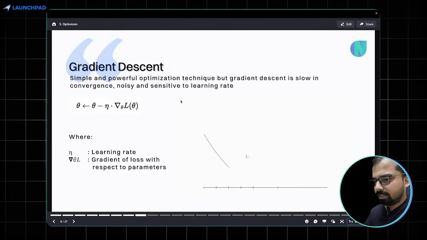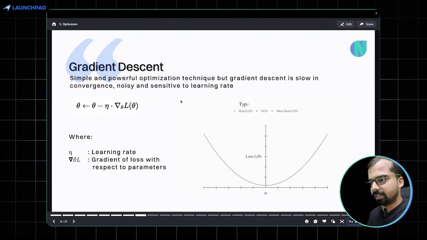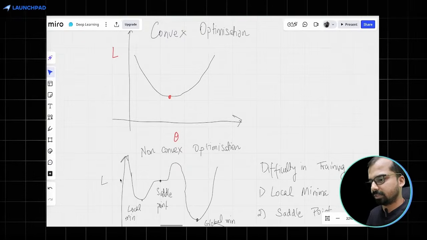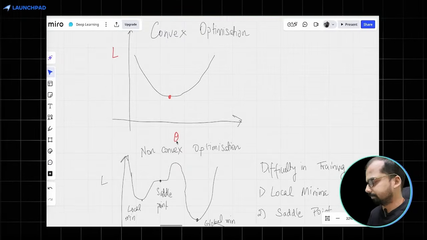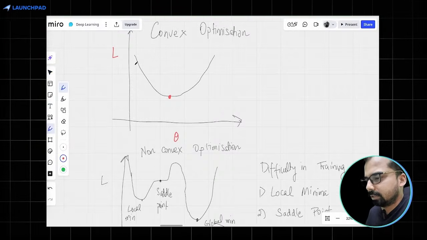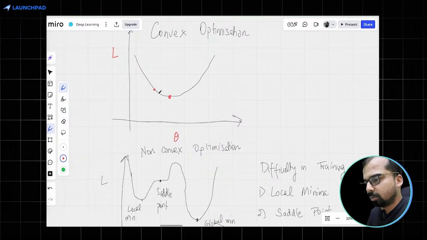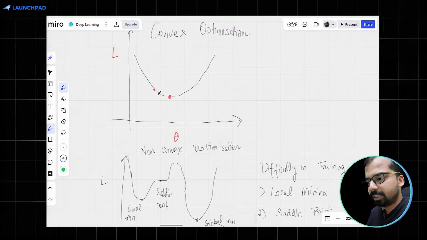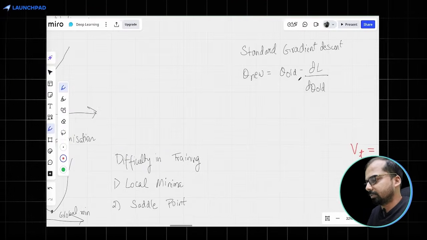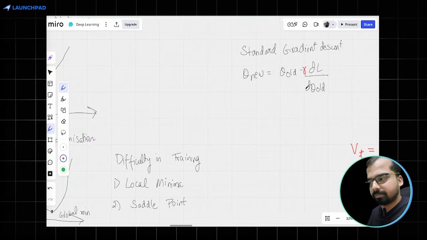Now, there are multiple problems with gradient descent. See these two loss functions with respect to some parameter theta. Over here, when I come towards the lower side, my value of slope will be smaller. You remember this equation, we have some learning rate times dL by d theta, right?